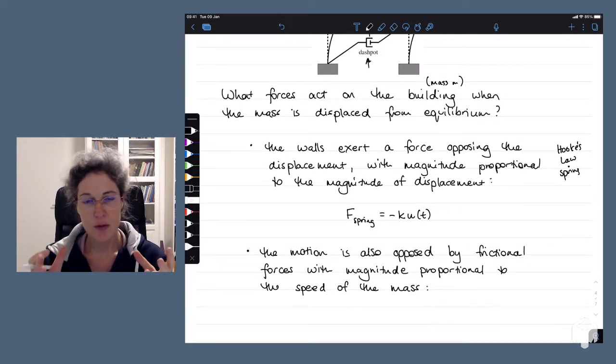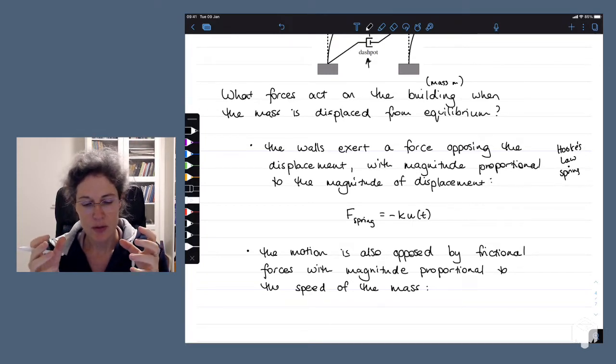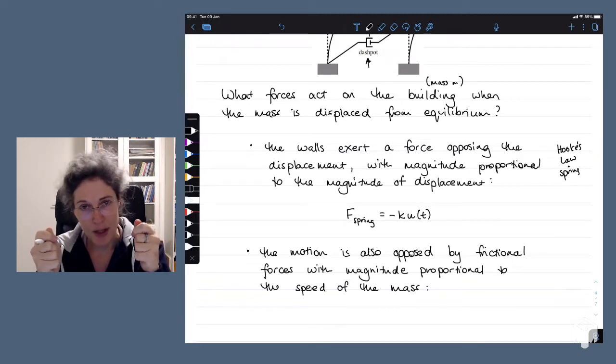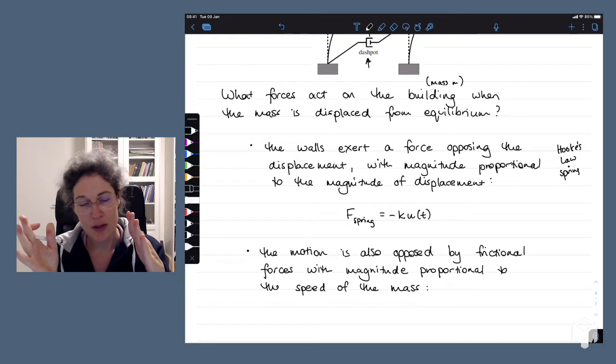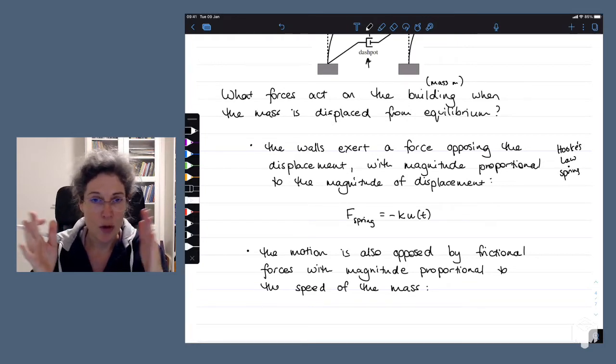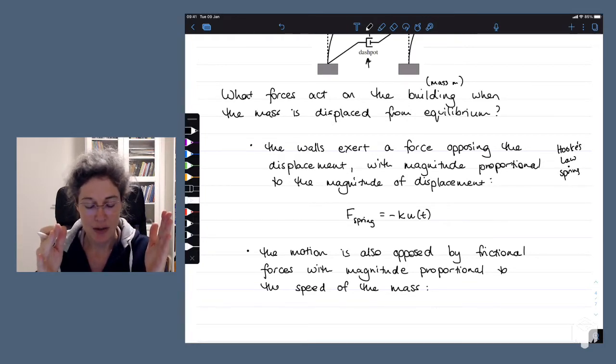But there are also frictional forces, generally speaking, within a building, which will also oppose the motion. If you think about the atomic bonds within the fabric that makes up the wall, it's going to oppose being moved. So this gives us a kind of friction happening, and the faster the movement, the more friction we get.